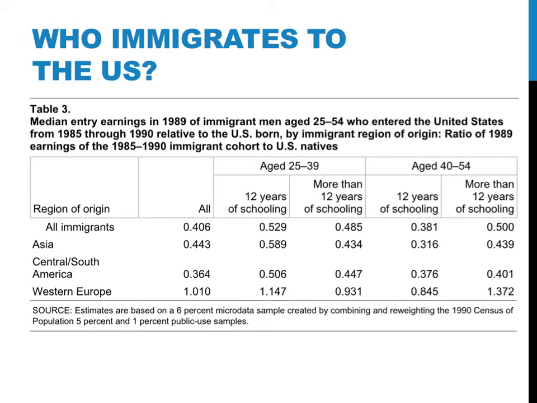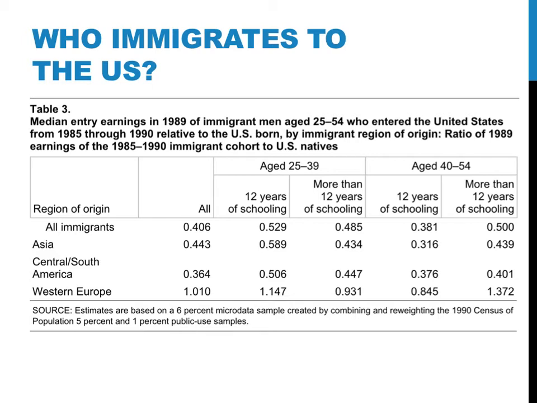So if the ratio is greater than 1, then the earnings of immigrant men are higher than those of native men. And if the ratio is less than 1, that indicates median earnings of immigrant men that are lower than those earnings for similar U.S. natives. And if earnings are correlated with skill level, then looking at these relative earnings should give us an idea of the relative skill level of the immigrants.